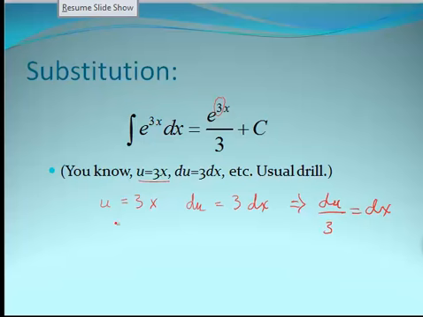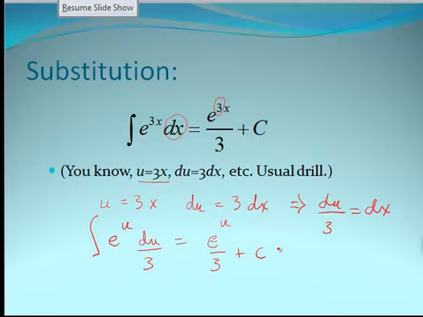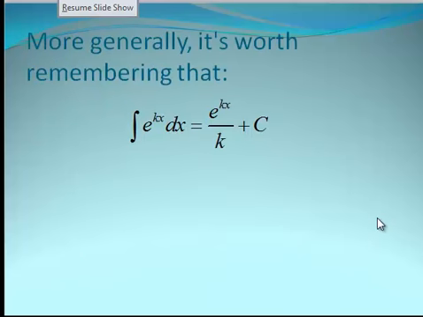Then we can substitute and say e to the u dx, but dx is just du over 3. Now we integrate and find e to the u over 3 plus c, and when you substitute, that's e to the 3x over 3 plus a constant. So that's how we got that. More generally, it's worth remembering that whatever's here just goes downstairs when you integrate, plus the constant.